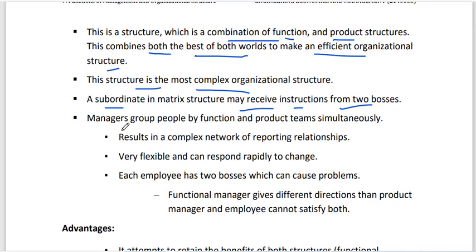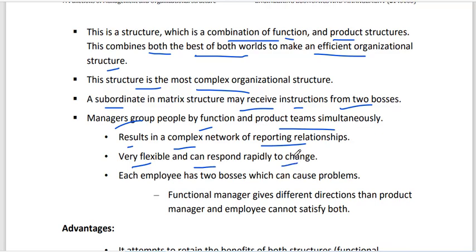Managers group people by functional and product teams simultaneously, they work simultaneously. So this results in a complex network of reporting relations, and it is very flexible and can respond rapidly to change.